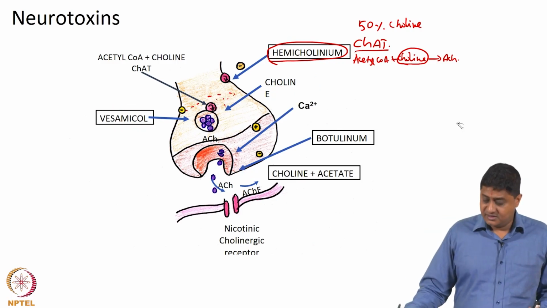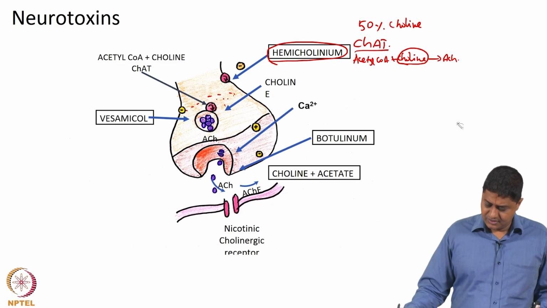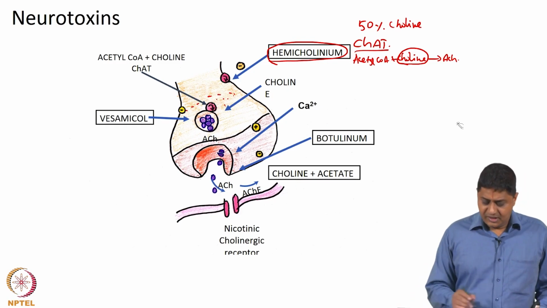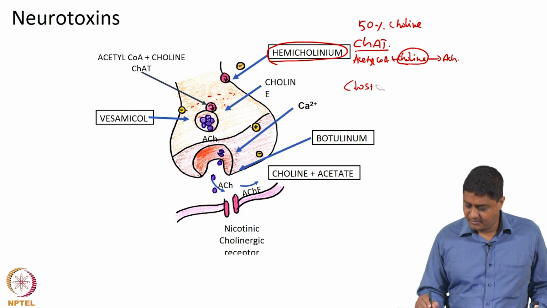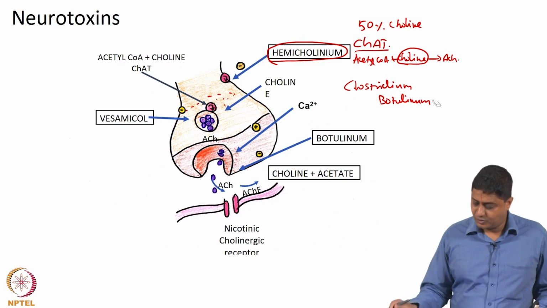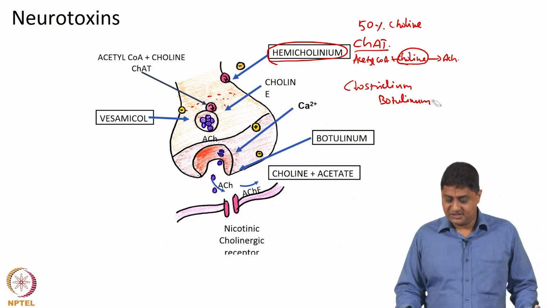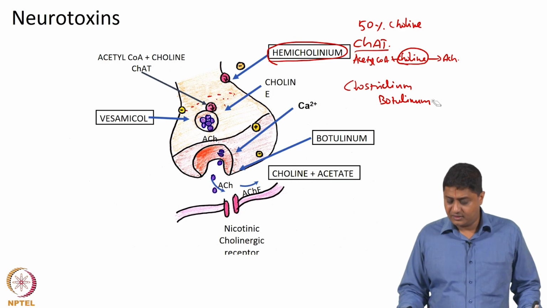Botulinum toxin is one of the most potent neurotoxins found, if not the most potent neurotoxin. So how is it produced? Botulinum toxin is actually produced by the action of Clostridium botulinum, which is a bacteria that produces this very powerful toxin.